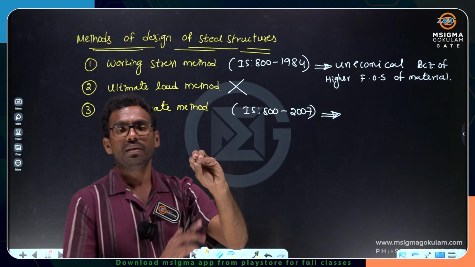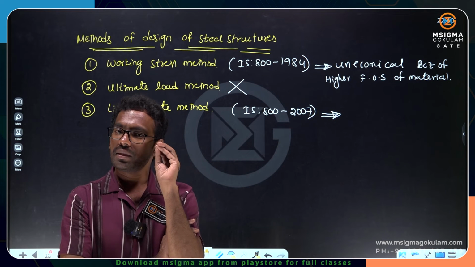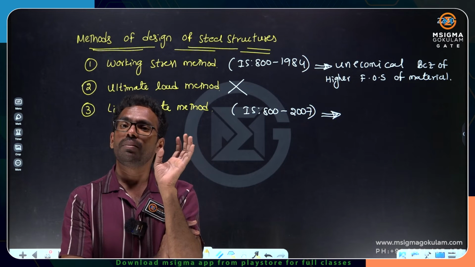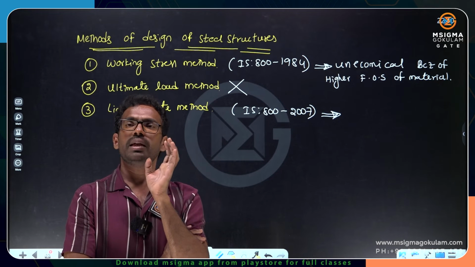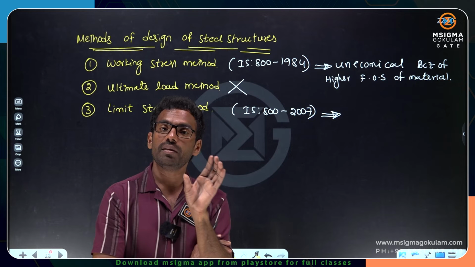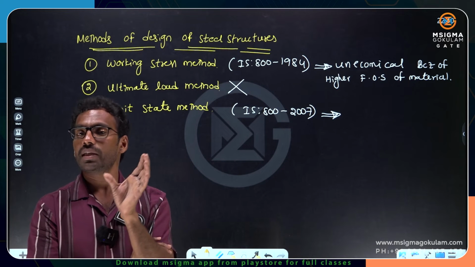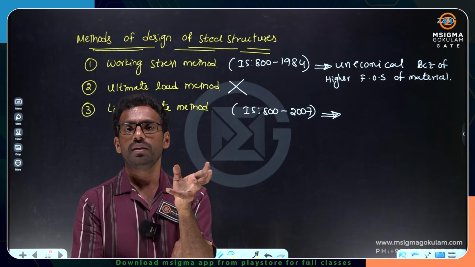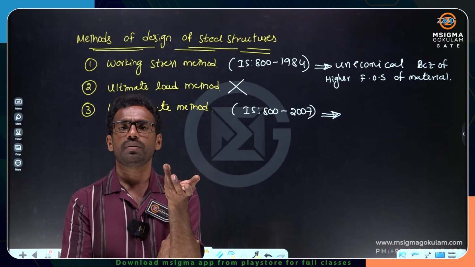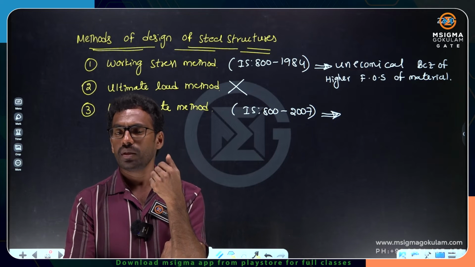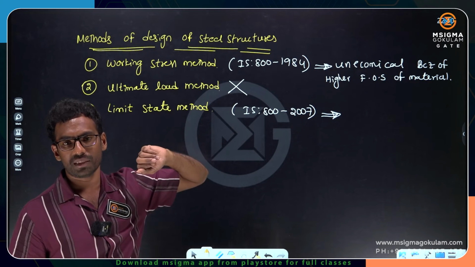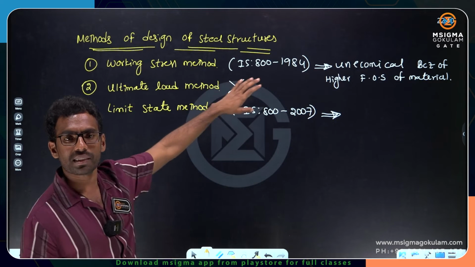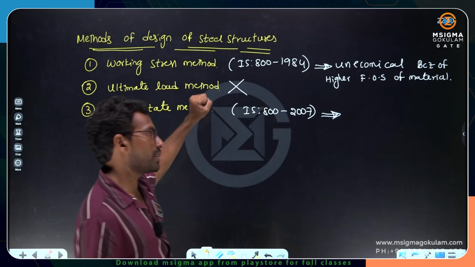That means the material is stressed to its full capacity. Dear friends, if any material is subjected to maximum or ultimate stress every time, there is a possibility of failure of the structure. So there is no safety at all in the ultimate load method. That's why it no longer exists practically; it is only a theoretical concept.